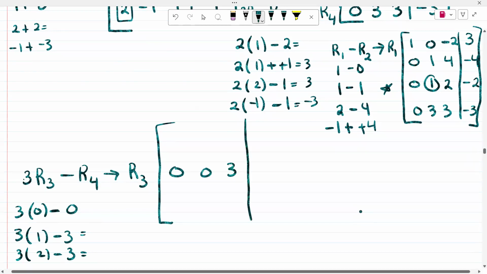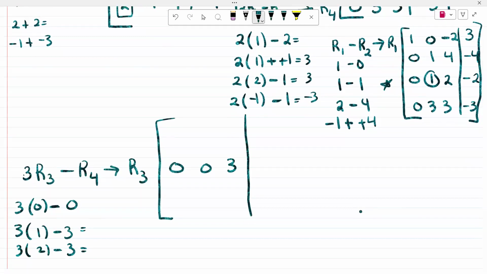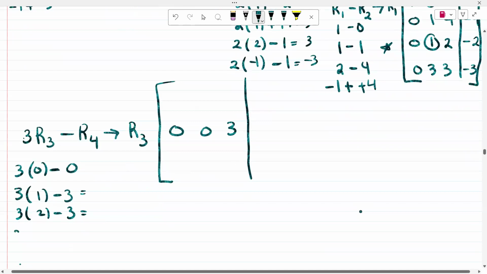Straight line. And continue the process. So it's 3 times the last number in row 3, which is -2, minus the last number in row 4, which is -3. So -6, but now this becomes a positive. So -6 plus 3 is -3.